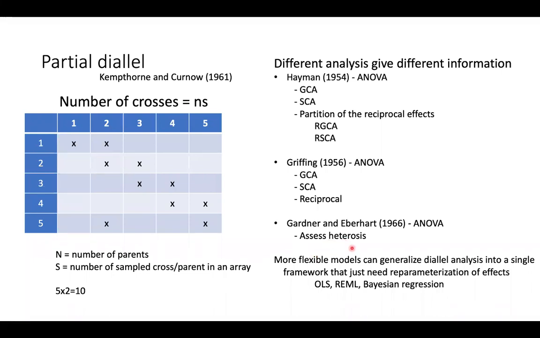And these flexible models can generalize diallels into a single framework. And that requires you just to make some reparametrization of the effects using some matrices. And those matrices account for these different types of analysis. And for those cases, we use linear regressions, mixed models, or Bayesian regressions.